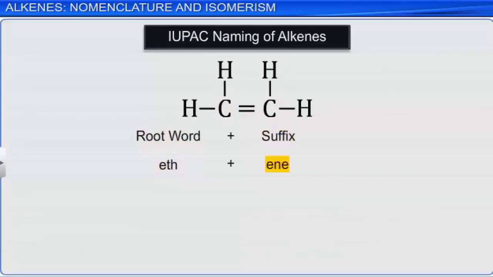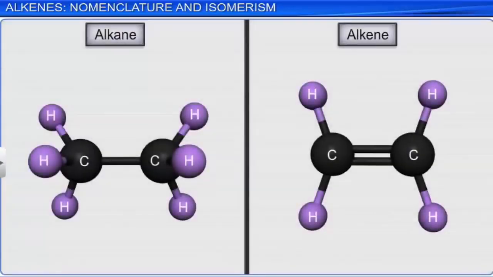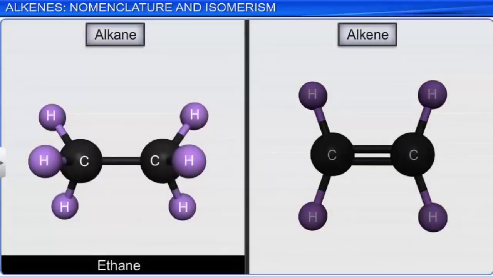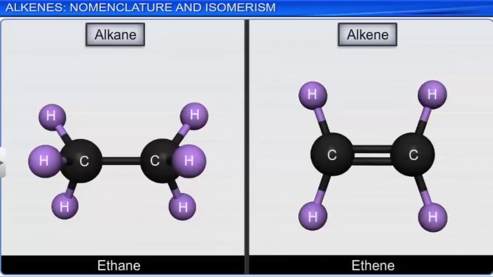Hence, the IUPAC name is ethene. In the IUPAC system, alkenes are named by replacing the suffix -ane of the corresponding alkanes by the suffix -ene. For example, ethene is named from ethane by replacing the suffix -ane with -ene.